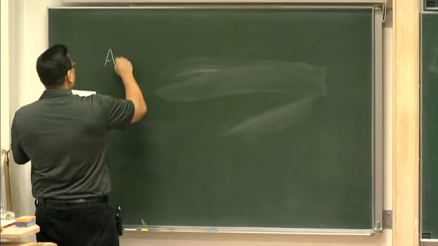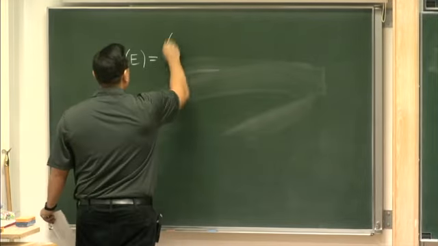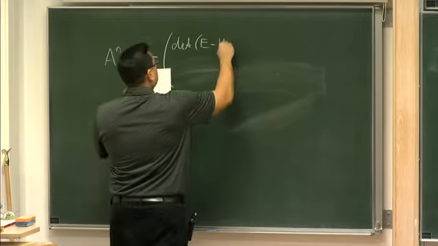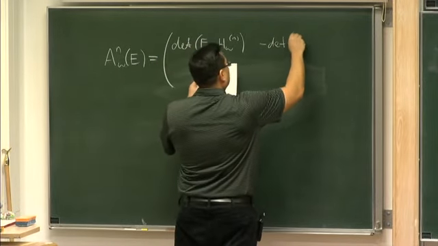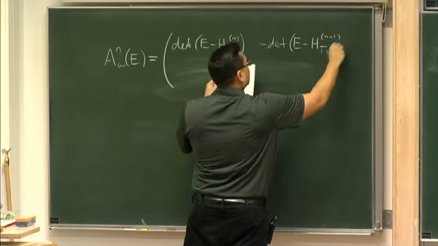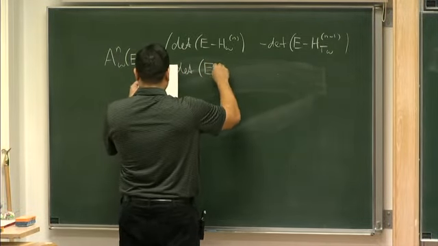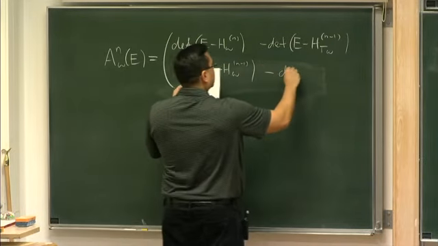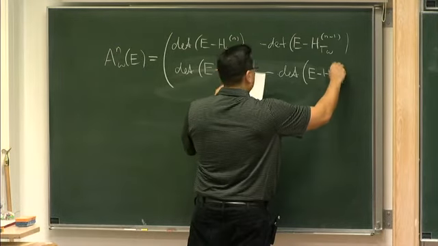So A n omega E actually is equal to the following: E minus H omega n, that E minus H n minus 1 T omega, that E minus H omega n minus 1, and minus that E minus H T omega n minus 2.